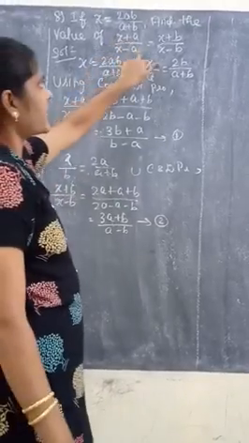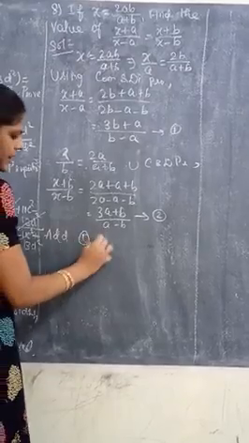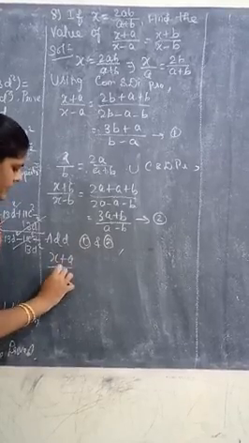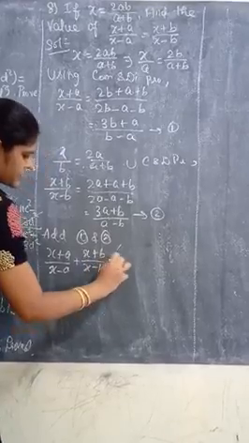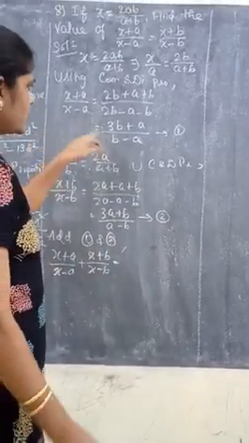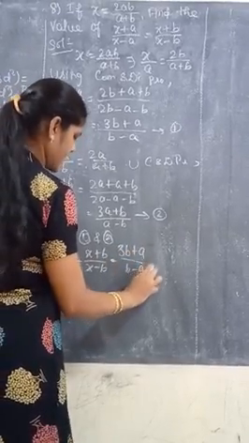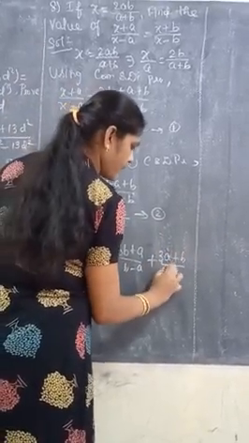Now we need to find the value of this term. So how do we get the answer? Add 1 and 2. What is the first one? (x + a)/(x − a) plus (x + b)/(x − b). What is the x + a value? (3b + a)/(b − a) plus the next term (3a + b)/(a − b).